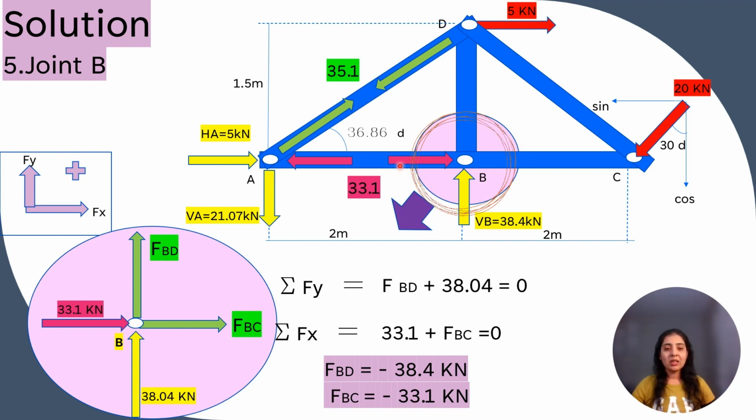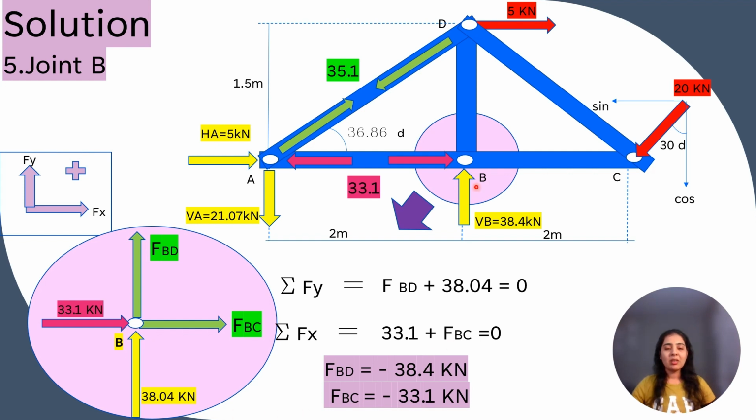This compressive force from member AB as 33.1 acting towards the joint. So let's show it here. Then the support reaction offered by support B, VB, is 38.4 kilonewton. So let's show that here.